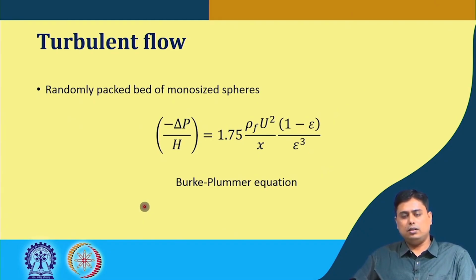They developed this relation after several experiments and observations, and we have this relation when there is turbulent flow over mono-sized spheres having random packing orientation, and this voidage and other parameters and the fluid properties are known, then we can use this expression to calculate the pressure gradient across the bed.